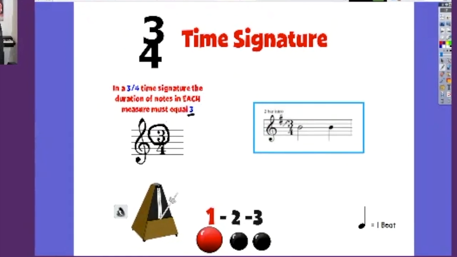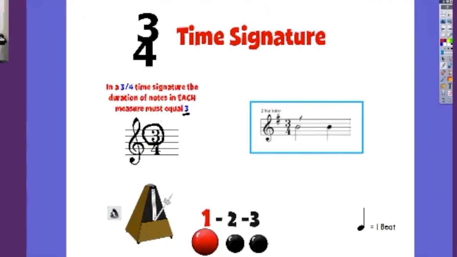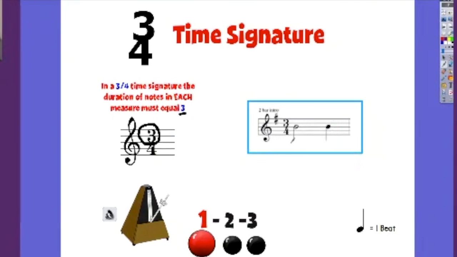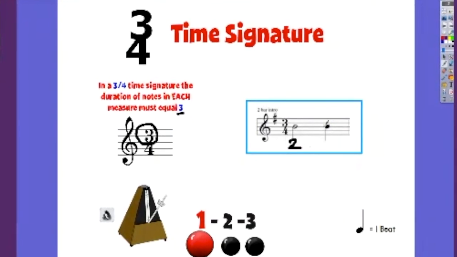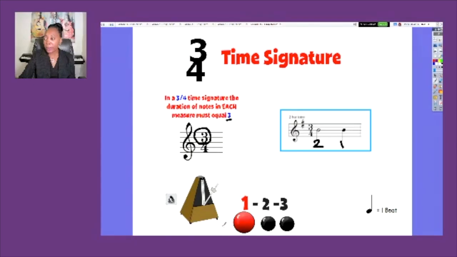We have 3/4 time, a half note, and a quarter note. The half note gets 2, the quarter note gets 1. So here we have 3 circles. Let's do this in white. We have 1, 2, and 3, because we're dealing with the 3/4 time signature. 1, 2, 3, 1, 2, 3, right?